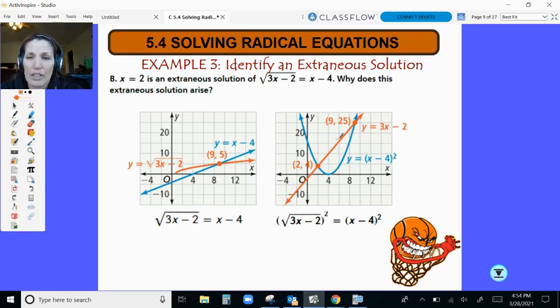This one here becomes actually a line, 3x minus 2. Notice now over here where it intersects only one time, that's my solution, 9, right? Over here, all of a sudden it intersects twice. So my solutions are 9 and also 2, right? So that's how we come up with that extraneous solution. That's what it looks like graphically, okay?